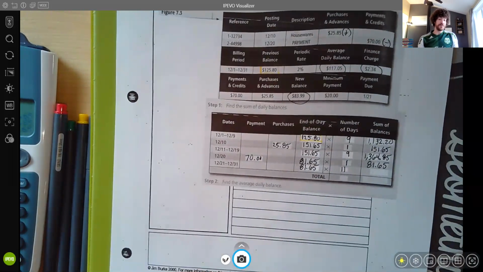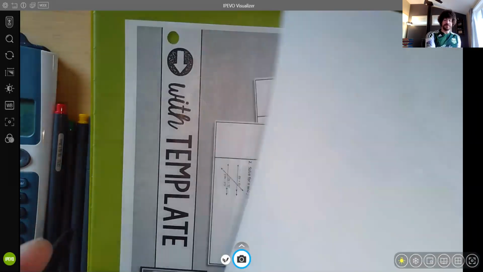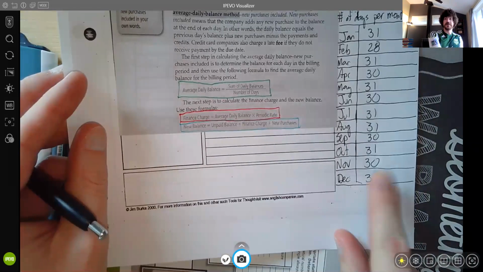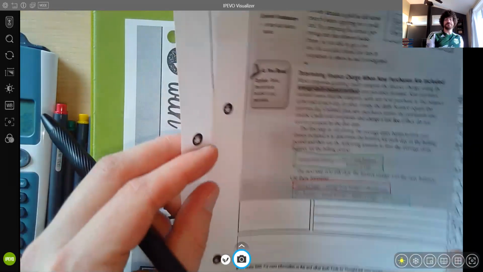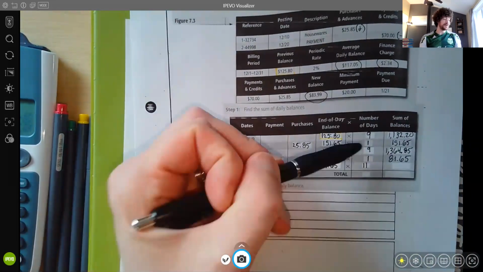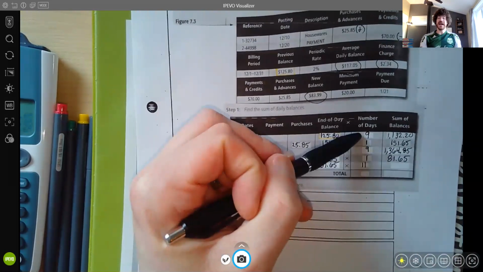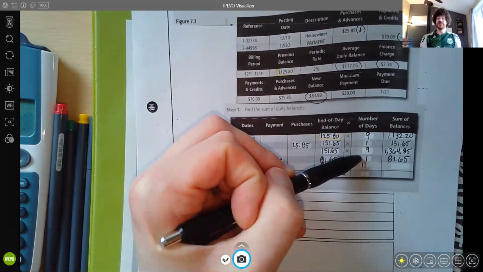And we know that the month of December has 31 days, meaning no matter what we do here, our number of days has to add up to 31.